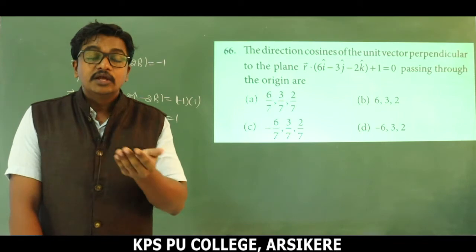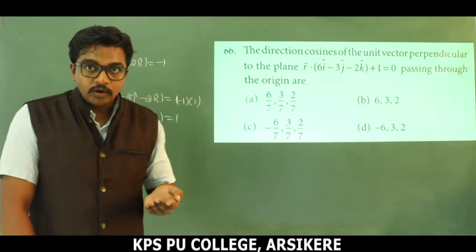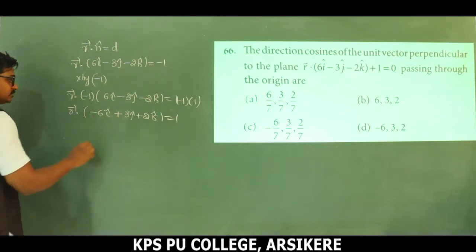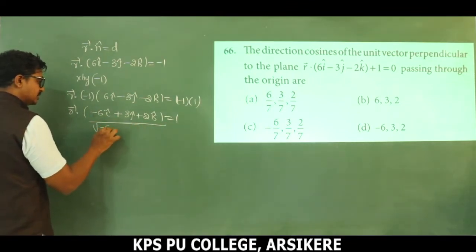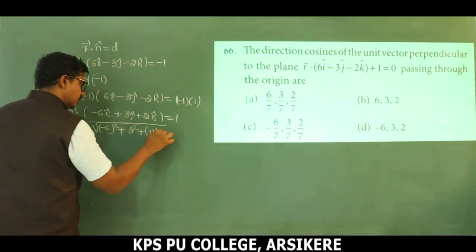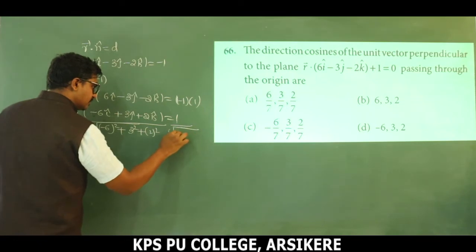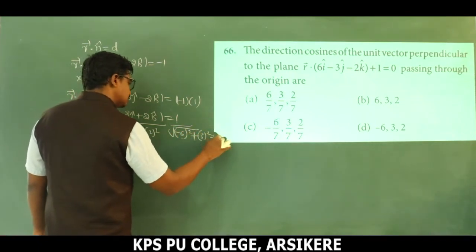This is vector n. If you want to find n cap, divide by the magnitude on both sides. So the magnitude of this term is the root of minus 6 whole square plus 3 square plus 2 square.